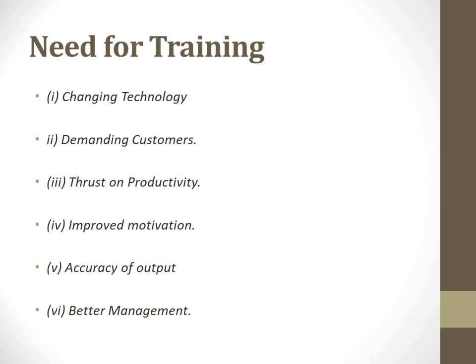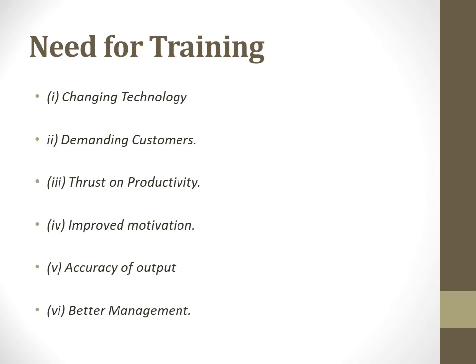And next is improved motivation. Of course, in order to motivate the employees, you will have motivation training for them. And that is how, when you improve the employees, you can reduce employee turnover. Next, the accuracy of output.